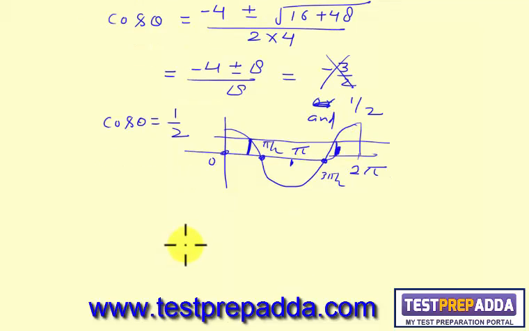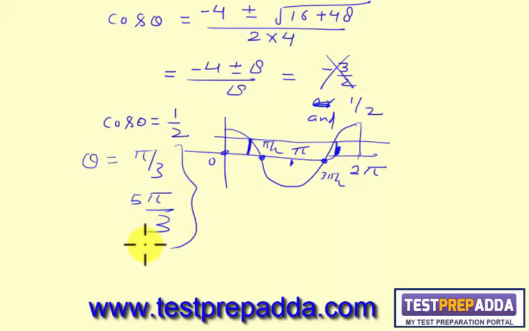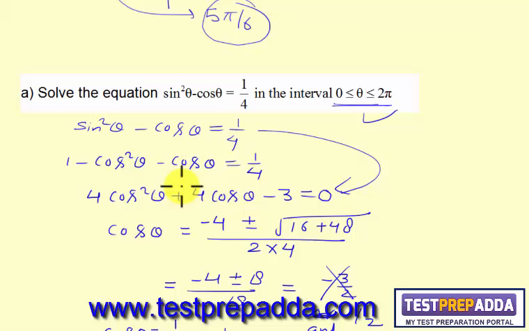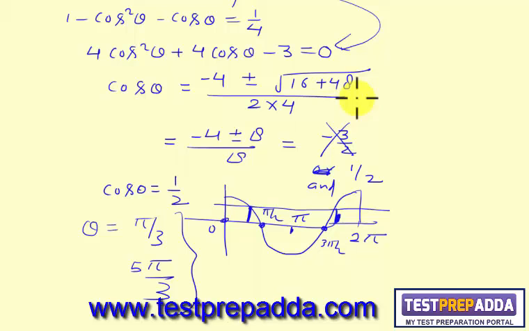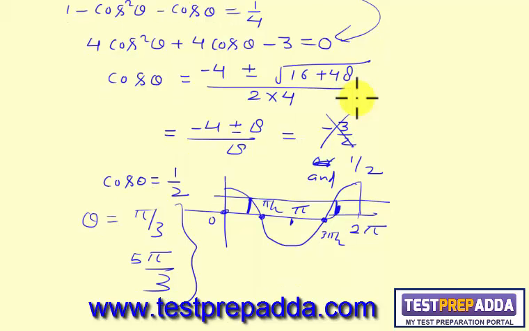So there will be two values of theta for which cos theta is half. One is obvious, it is pi by 3. Another is 2 pi minus pi by 3, and that is 5 pi by 3. So the solution for this equation in the interval 0 to 2 pi will be pi by 3 and 5 pi by 3. Okay, now I'll take another question here.